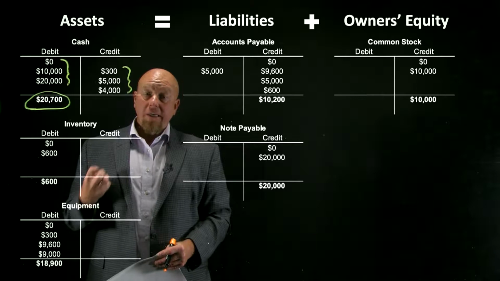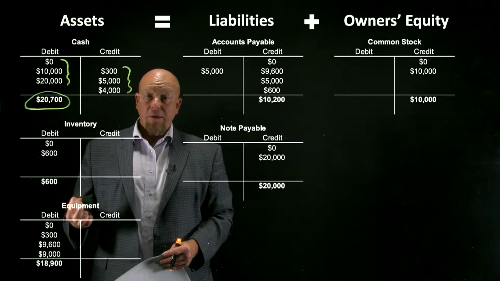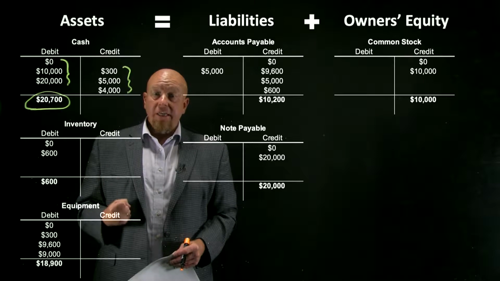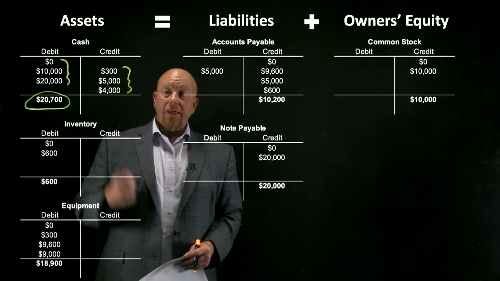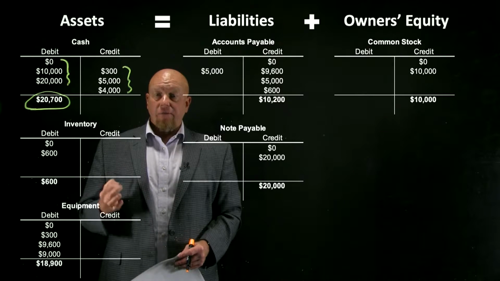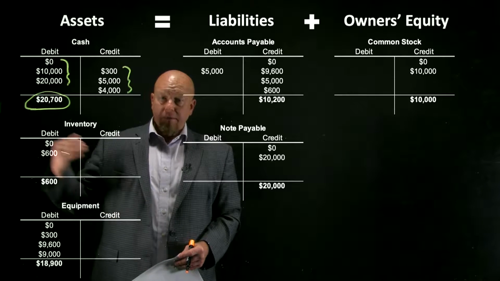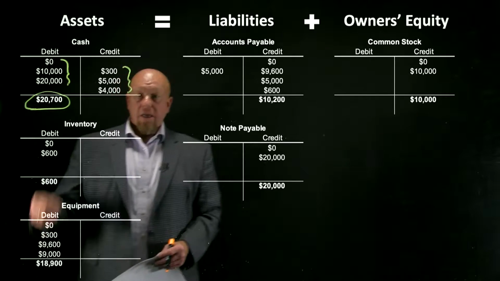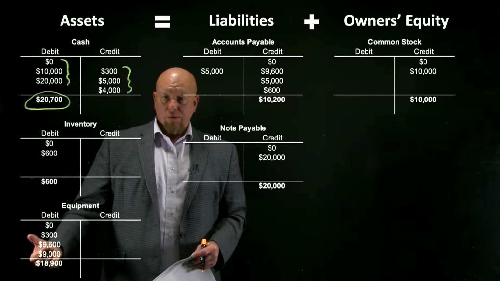That means that we have a positive cash balance at the end of the accounting period, $20,700. We should expect to see that $20,700 on the company's balance sheet as of the end of the accounting period. The same is true for inventory, which is an asset, and equipment, which is an asset. These are all things that the company owns.